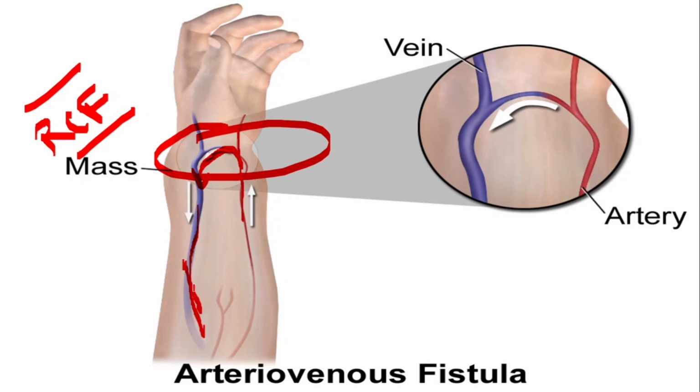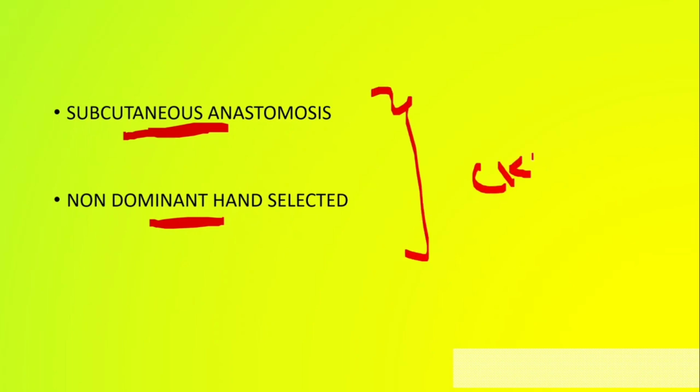The cephalic vein will undergo remodeling, so there will be a high flow of blood in the vein, which can be cannulated multiple times. So this is the AV fistula, which is a subcutaneous anastomosis. Usually the non-dominant hand is selected, and it is the mainstay of vascular access for the end-stage renal disease patient.